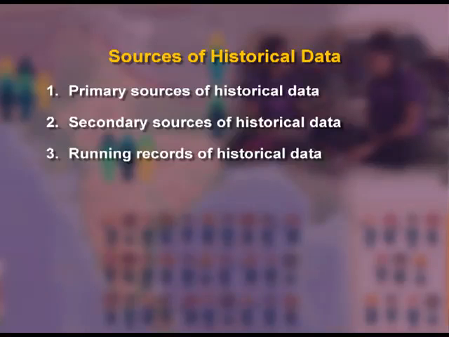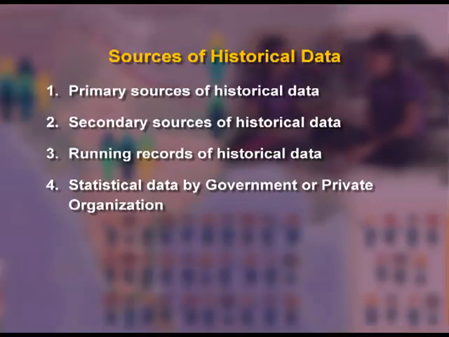Third, running records of historical data. Running records are collected from the concerned daily newspapers, magazines, gazettes, television or radio news, etc. Fourth, statistical data by government or private organization.